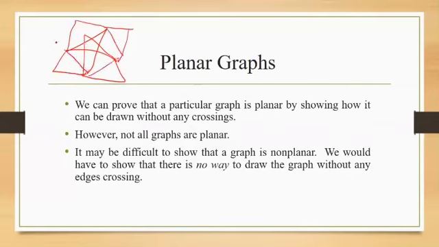Now over here, I'm marking it as A, B, C, D, E, F, G, and H. Now, if I want to show that this graph is either planar or non-planar, I have to draw the graph in such a way that no two edges intersect. Now, we may not be able to draw it in the planar form in the first attempt or the second attempt. So until and unless we can show that there is no way to draw the graph without any edges crossing, it will be difficult.